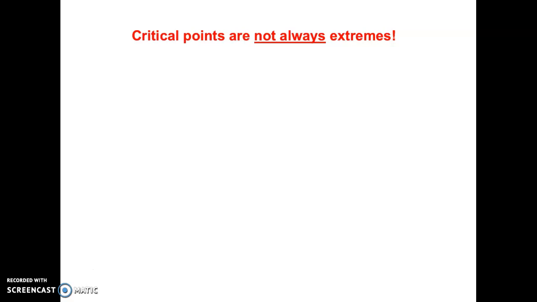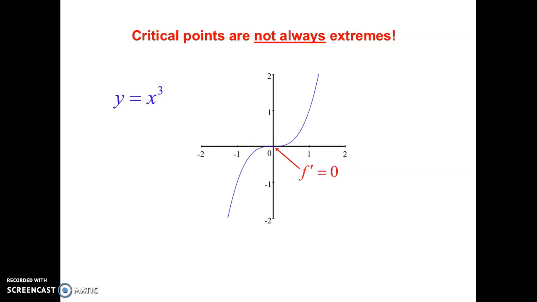Let me give you an example of what I'm talking about. Remember, the definition of a critical point is where the first derivative is equal to zero or does not exist. If I look at this function, y equals x cubed, notice I have a derivative of 0 at x equals 0. F prime is equal to 0.